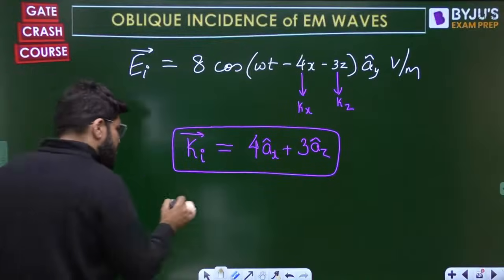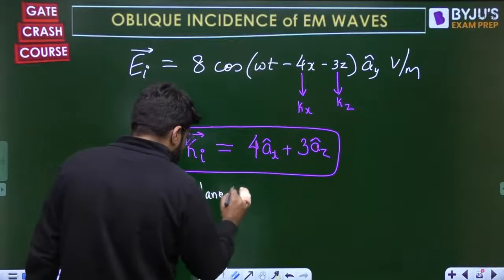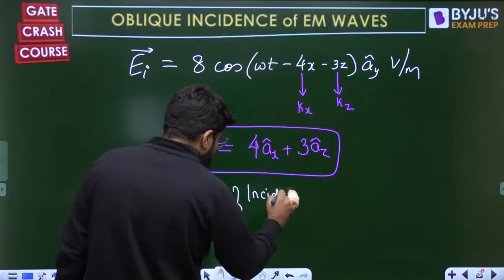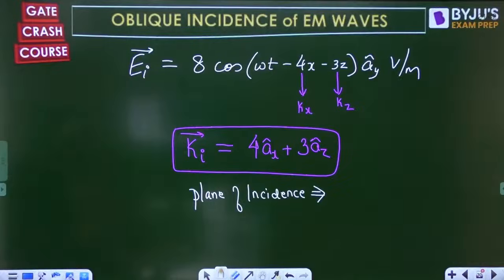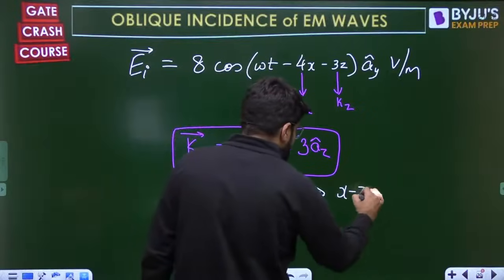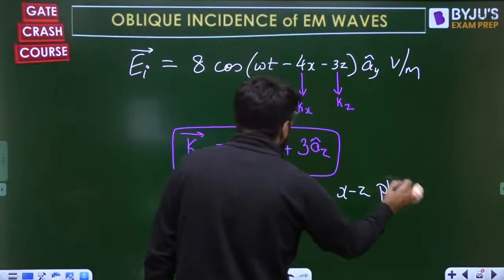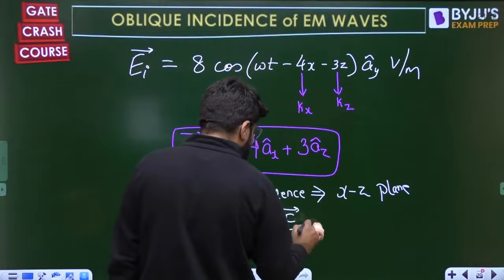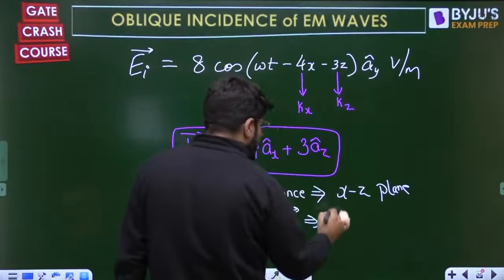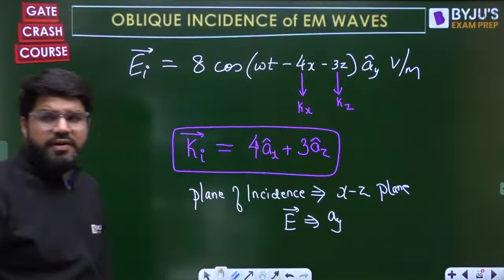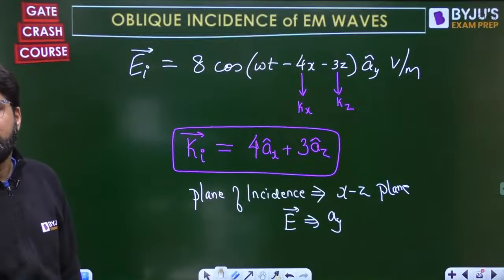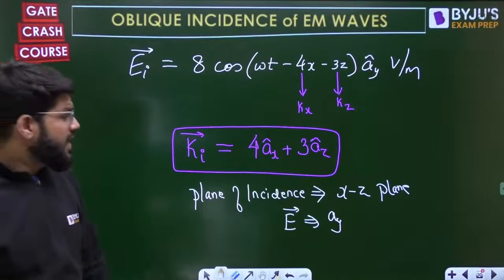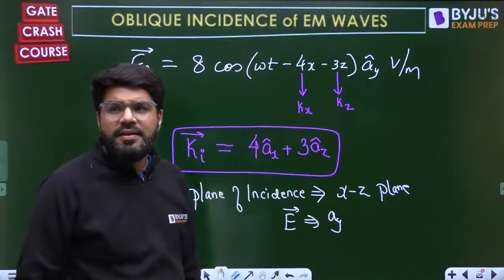So what is my plane of incidence? My plane of incidence is xz. And where is my electric field pointing? The direction of the electric field is Ay. So the electric field is perpendicular to the xz plane.